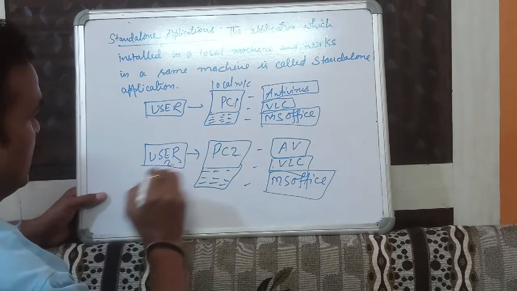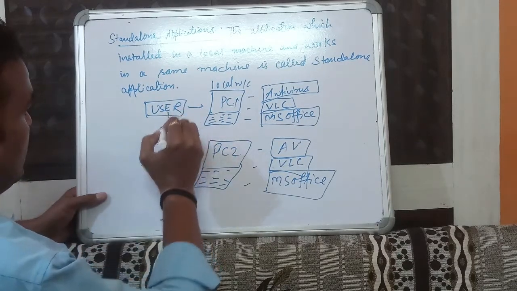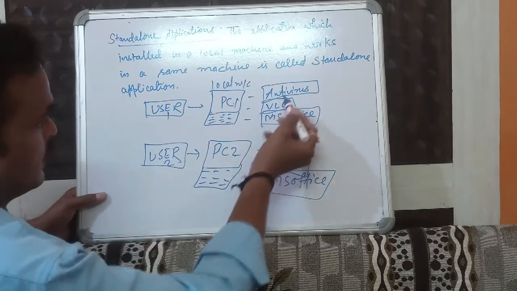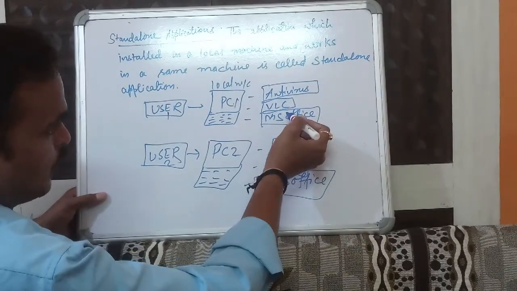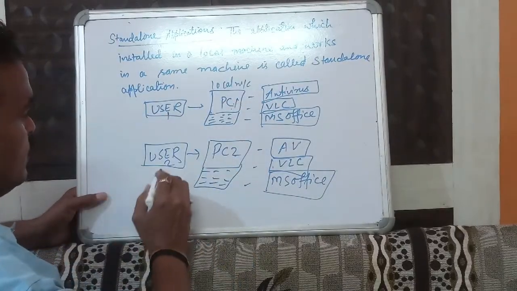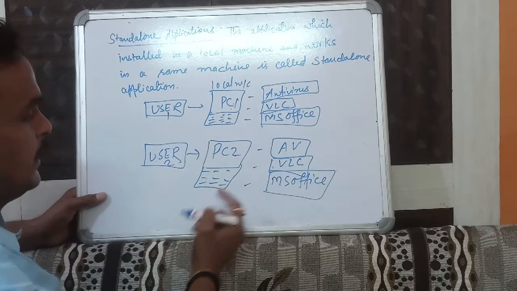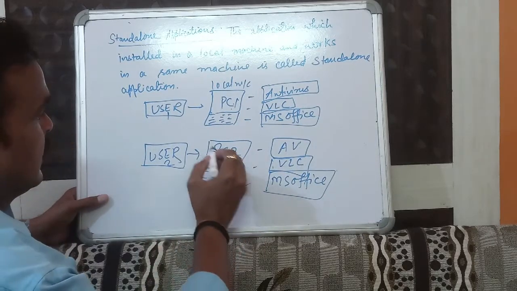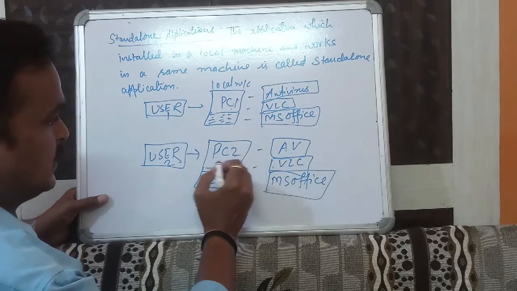Suppose that is user 2, that is user 1. So user 2 cannot use those softwares which are installed on PC1. So the user has to separately install all the software again on the second local machine, that is PC2.